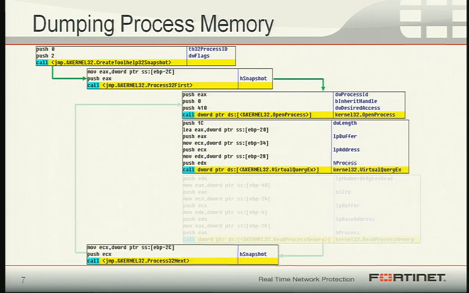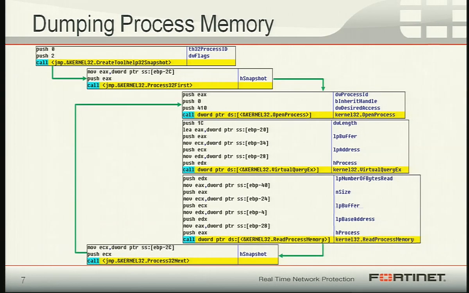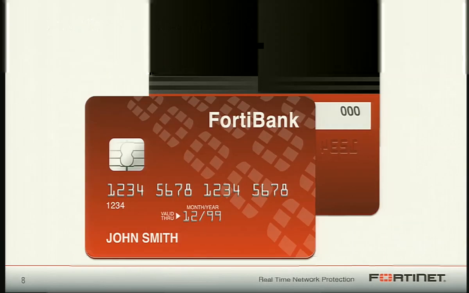After it's checked that the process is either in the target list or not in the blacklist, it will open the process and query the information of the virtual space, checking for page protections before it dumps it to memory in preparation to scan for credit cards.